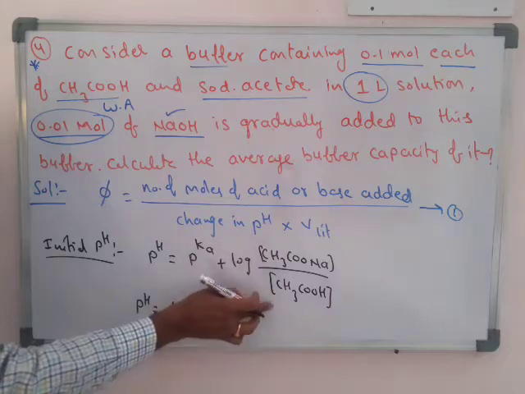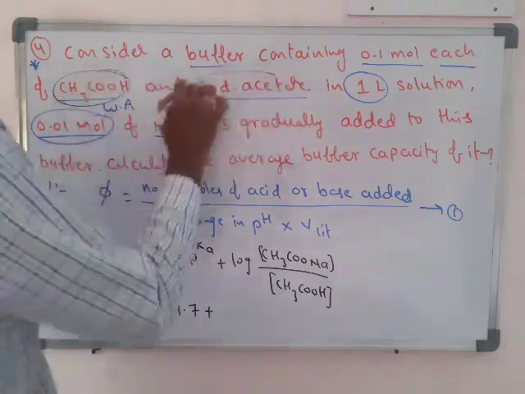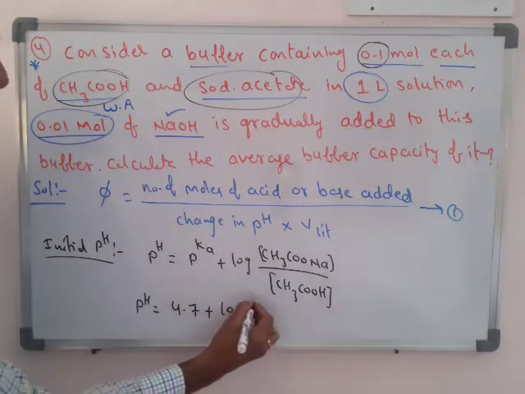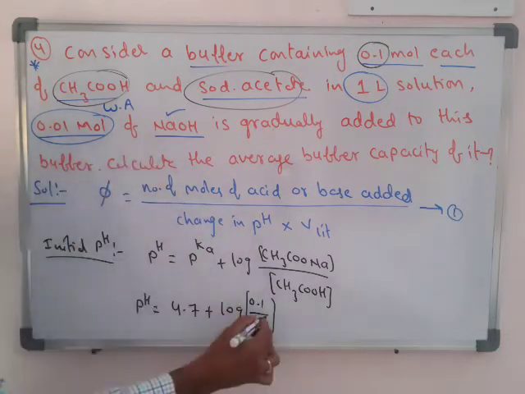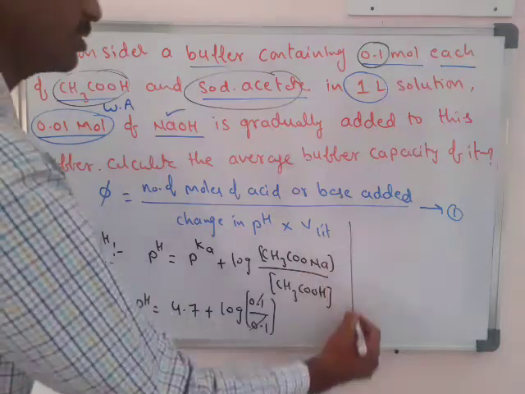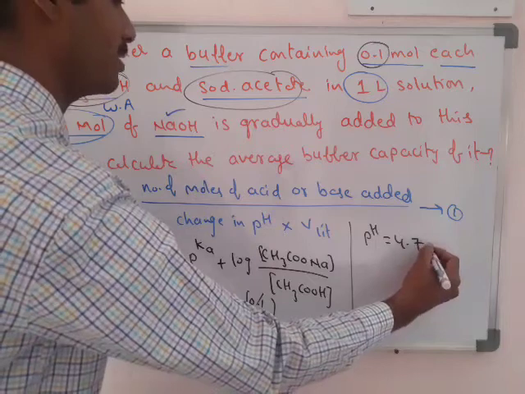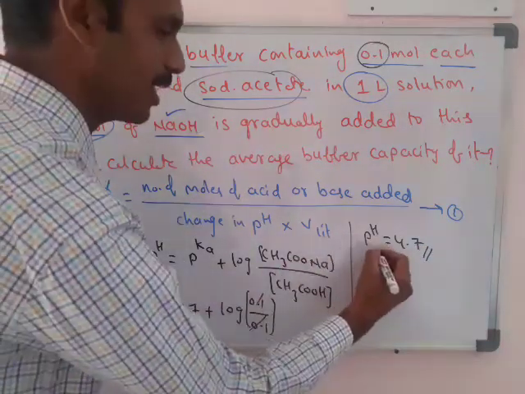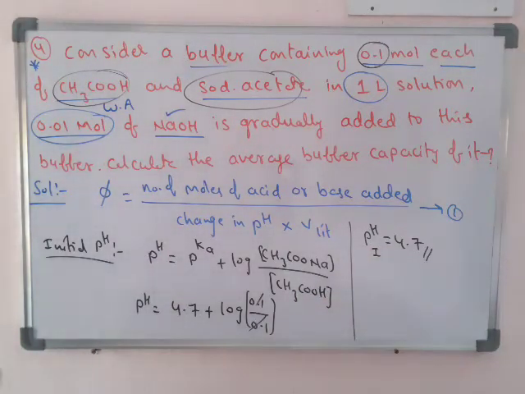Sodium acetate and weak acid both have the same 0.1, 0.1. So log 0.1 by 0.1 gives log 1, and log 1 is 0, we know that. Therefore pH is equal to 4.7. So this is the initial pH. I am using the symbol I for pH initial.